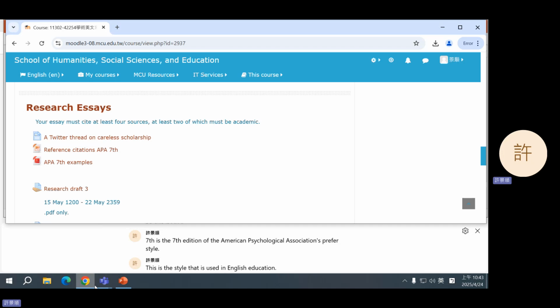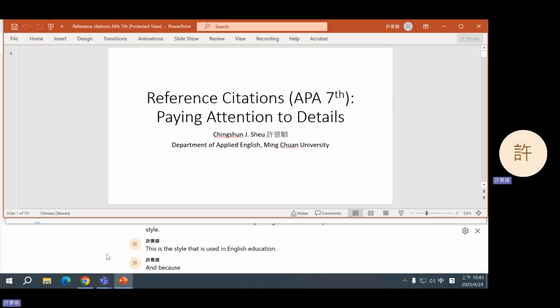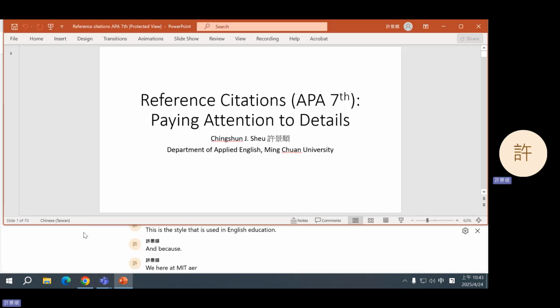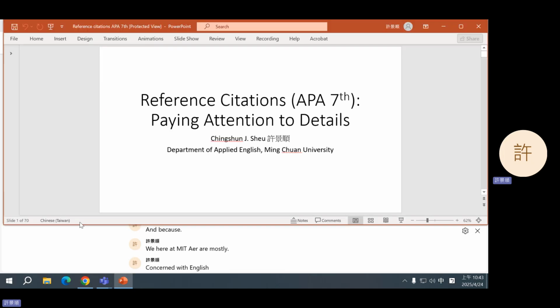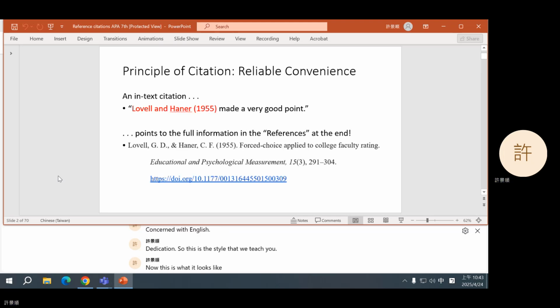Because we here at Untitled EAE are mostly concerned with language education, this is the style that we teach you. Now, this is what it looks like. In your essay, when you present someone else's information, you have to add a citation tag.